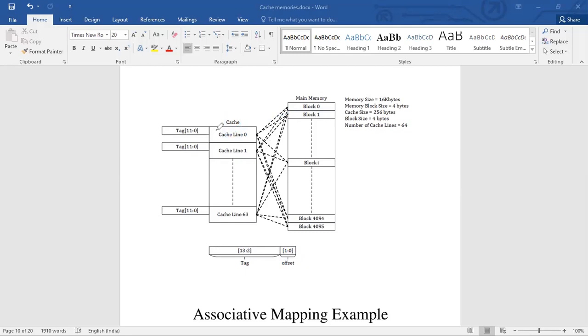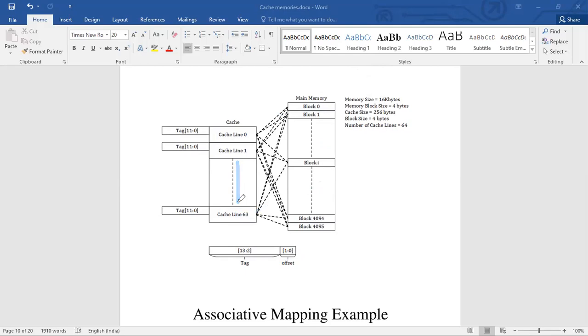Here line 0 and line 1, these two store frequently accessed blocks, and line 63 is also accessed, and the rest of the lines don't have any access. Clearly observe that the rest of the blocks are not mapped onto the cache memory, so these lines are free.